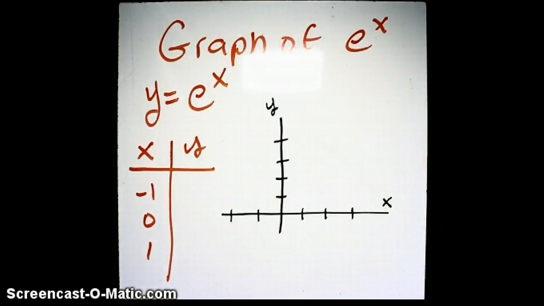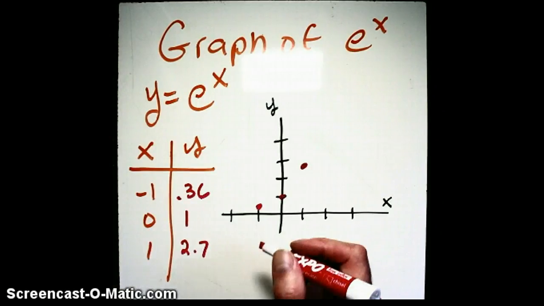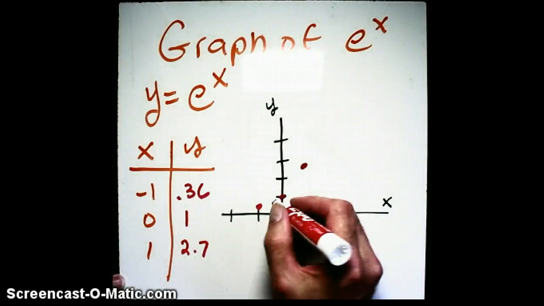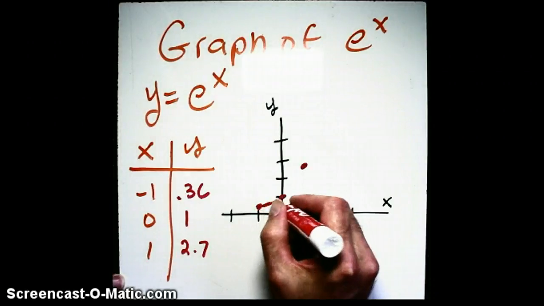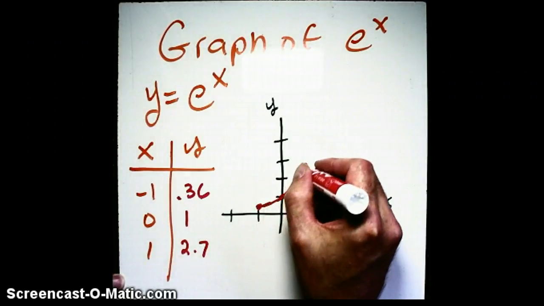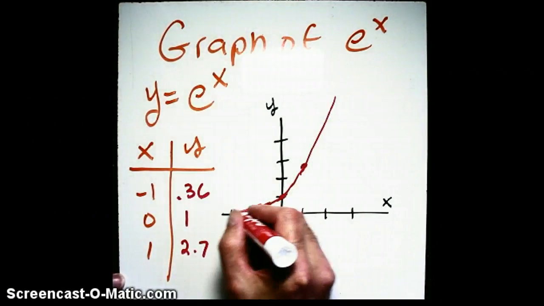Now we want to ask a simple question. Can you graph y equals e to the x? All right, I plugged in the values that we just did on the calculator, and now the question is, well, I should be able to connect these points.